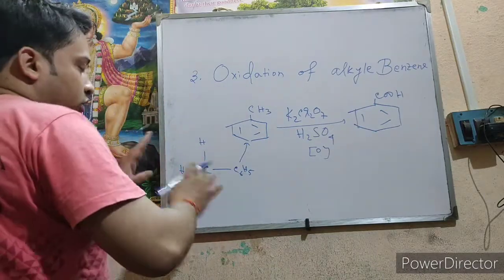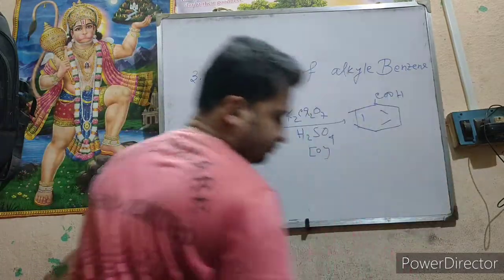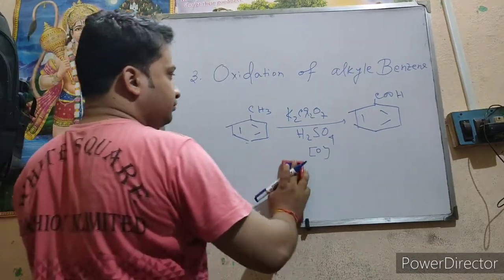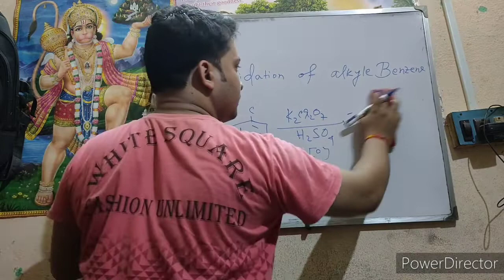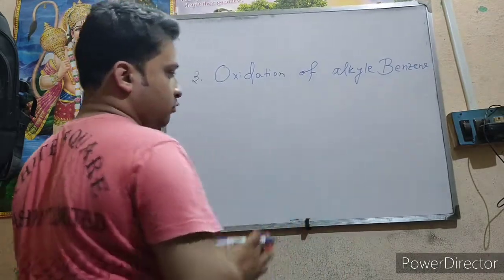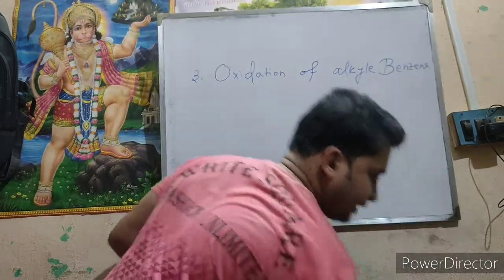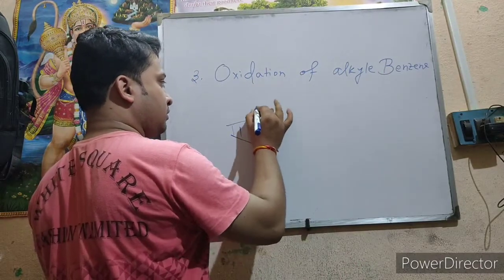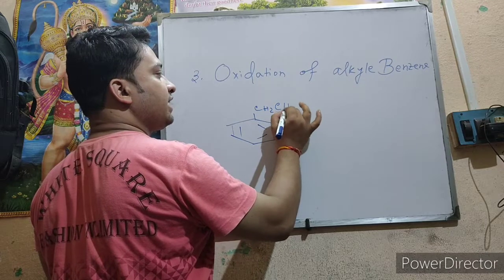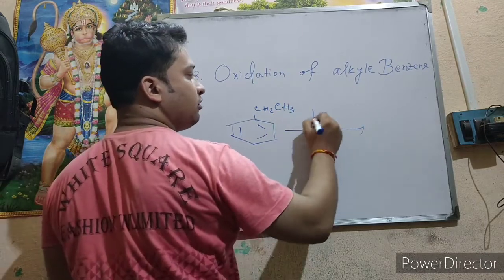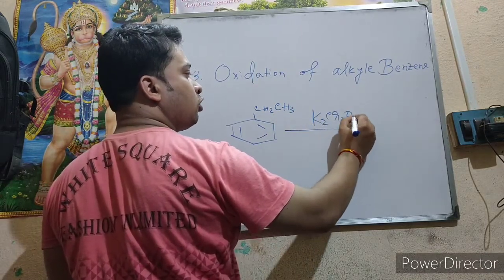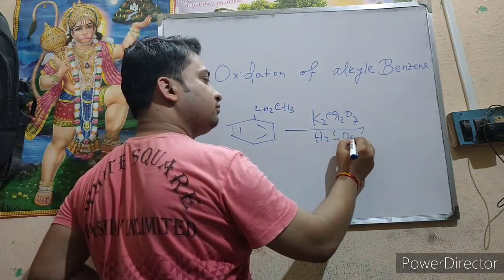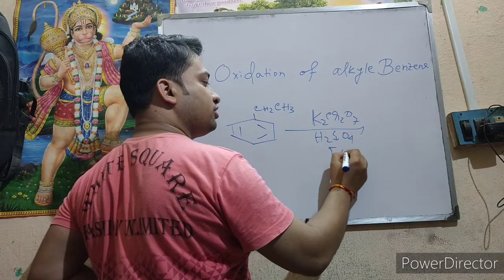Okay. So the next one, the fourth one, I take more examples. If you take this CH2CH3, then you use K2Cr2O7, H2SO4 and German oxygen.